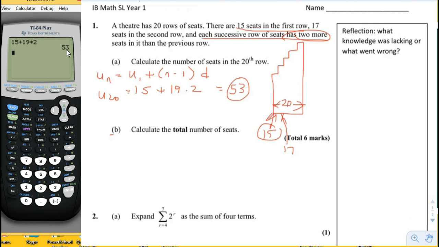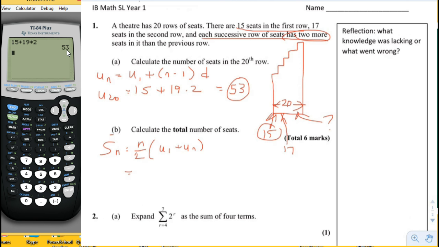B, calculate the total number of seats. Remember we figured out that the formula to find the total number of seats is Sn equals n over 2 times u1 plus un. This is from the formula sheet. We do not know how many seats are in the last row, so there's a couple of ways to do that.